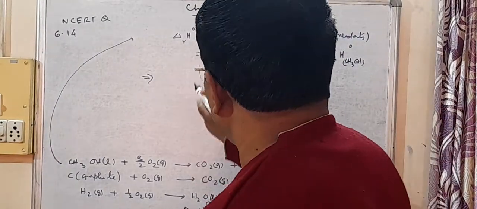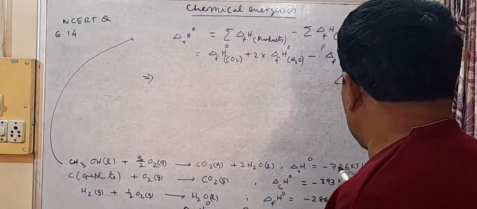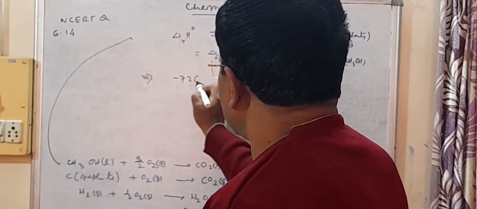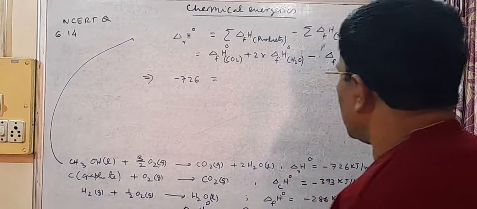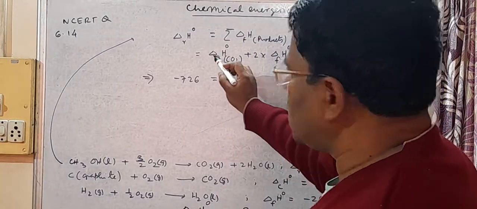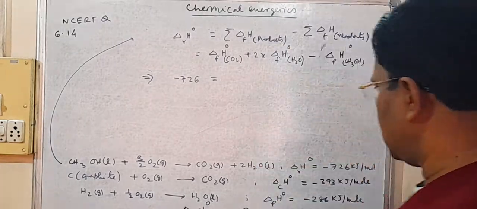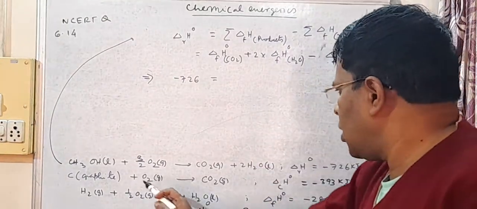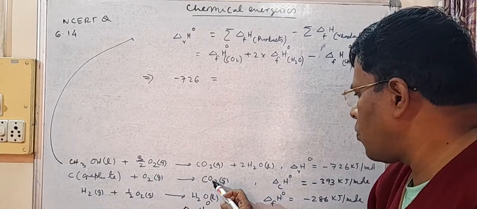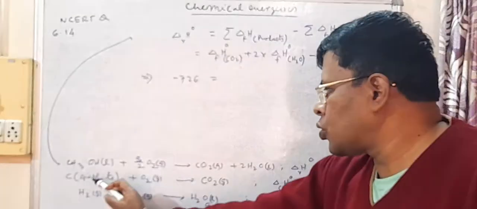Okay. After that, this reaction value is minus 726. Let me write minus 726. Now the enthalpy of formation of carbon dioxide. We need the enthalpy of formation of carbon dioxide. Now you see here, this is 1 mole of carbon dioxide formed here from the constituent elements.